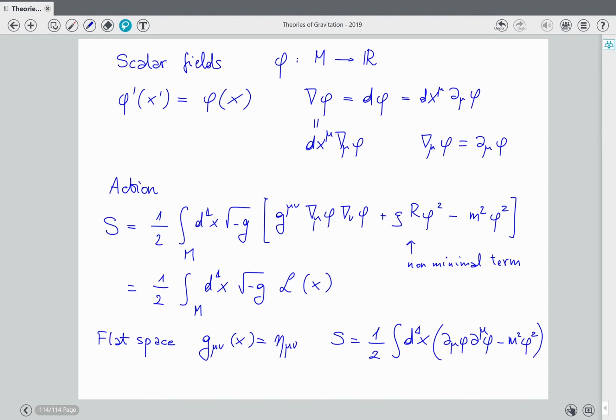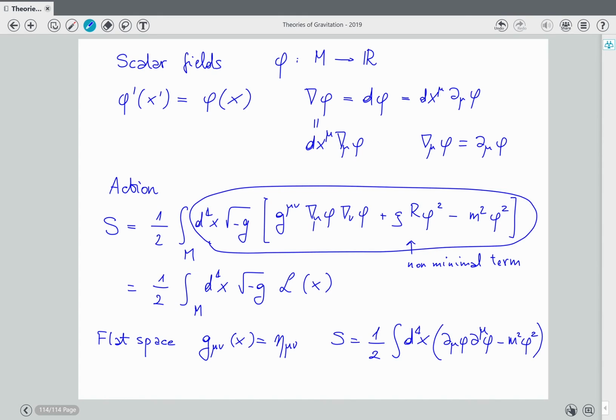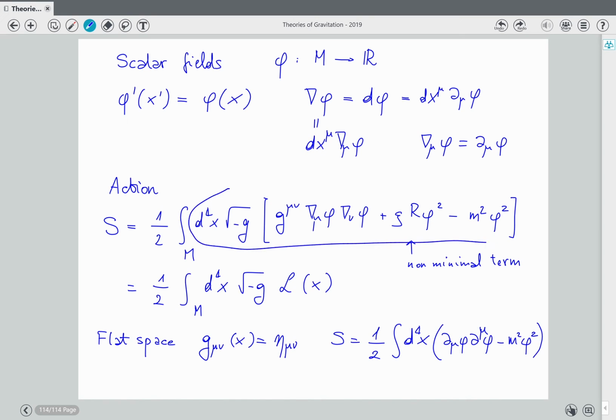The integrand depends on the coordinates you use in a single chart. Actually, its ingredients depend on the coordinates. As a whole, we will see it doesn't depend on the coordinates, and that's the whole point.